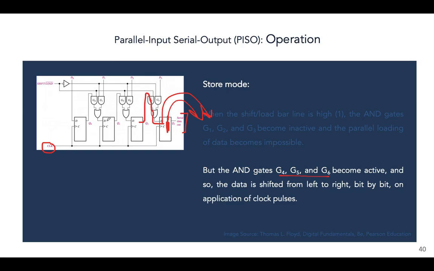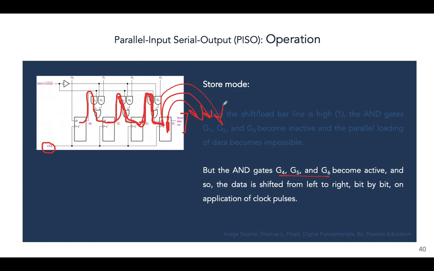And then whatever bit was here will move through G5, because G5 is active, into this flip-flop, and from this flip-flop into the next one, and then that can be taken out. And the same goes for this, right? It goes from this gate to this flip-flop, and the entire operation is repeated again, and then finally that bit can be taken out.